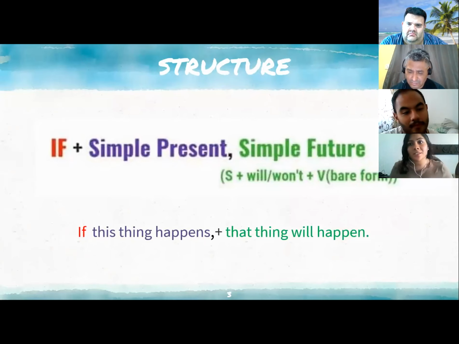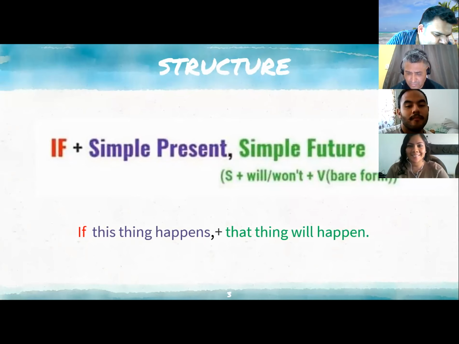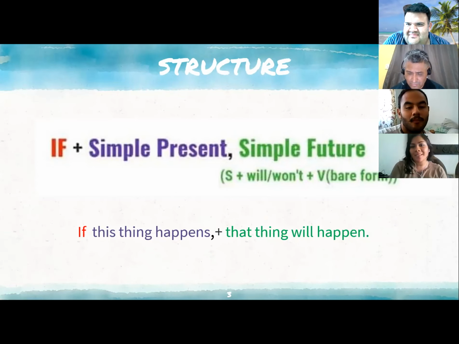Here it's really important to mention that we need some parts in the simple present, like the subject, the... sorry, that was your part. No, don't worry. Okay, we have it here with the example. If this thing happens, that thing will happen.